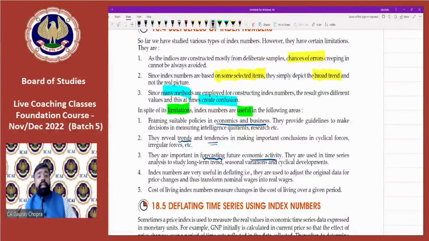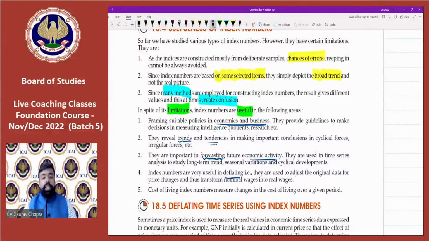Then they're also used in forecasting of future. Like if we are having current 5 years data, so what will be the sales of next year? What will be the profit in upcoming years? So all these we can forecast using index number. Then index number are also useful in deflating. Now deflating is a concept where we adjust the original data.